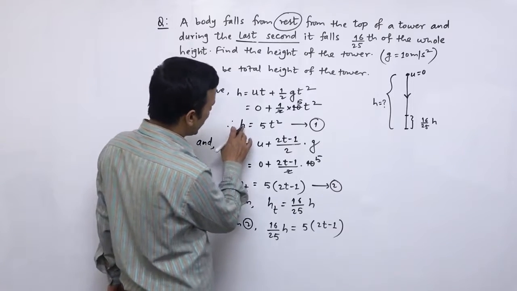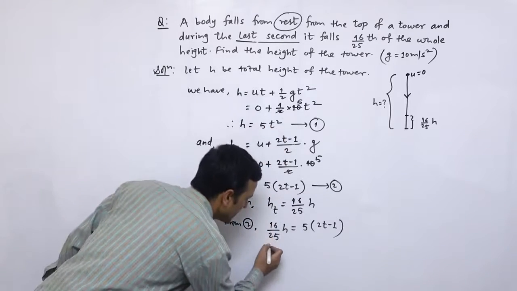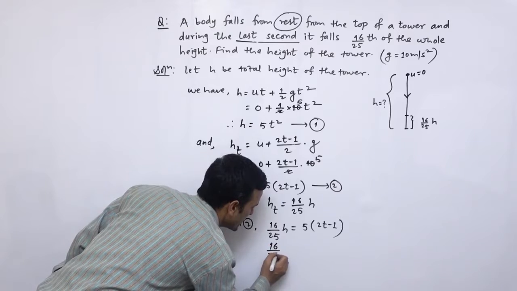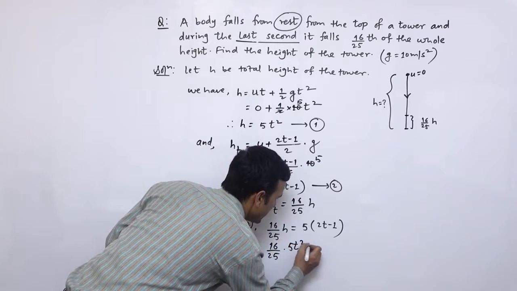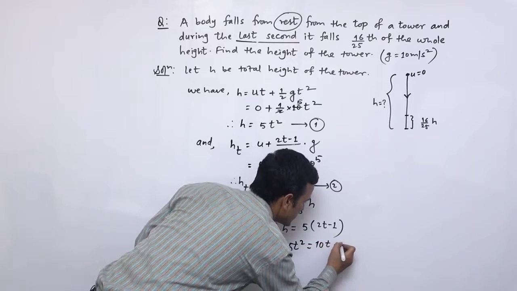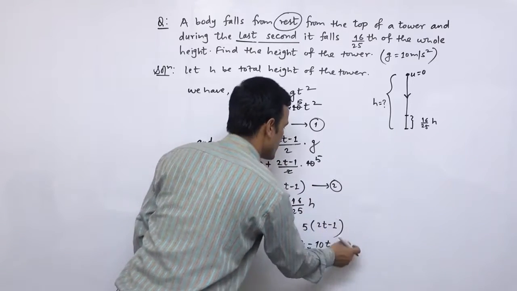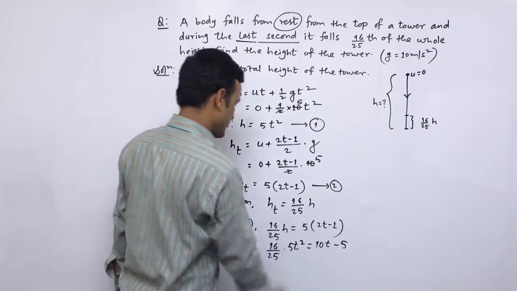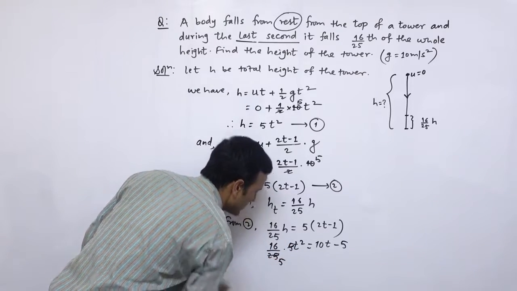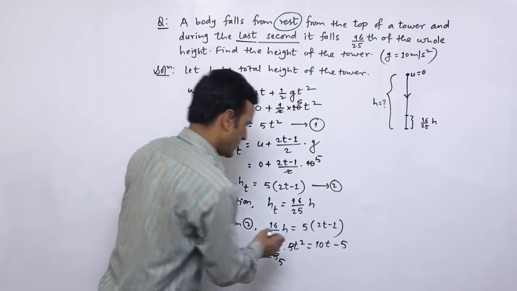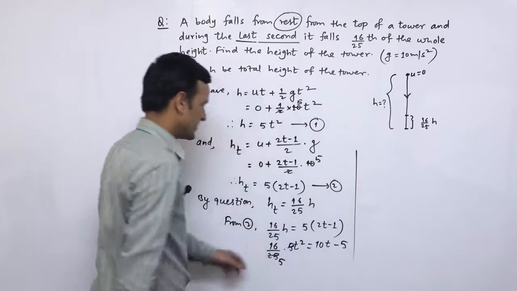So if you put the value of H over here, then we get 16/25 times H, meaning 5t square, is equal to 10t minus 5. 5 times 1 means 5, 5 twos are 10. So 5 and 25, it will be 5. And if you solve it, then we get this term.